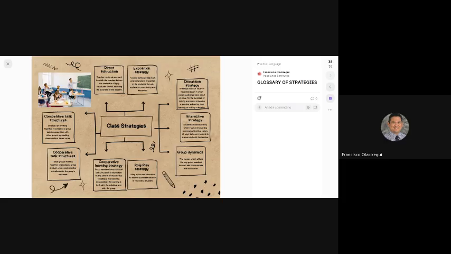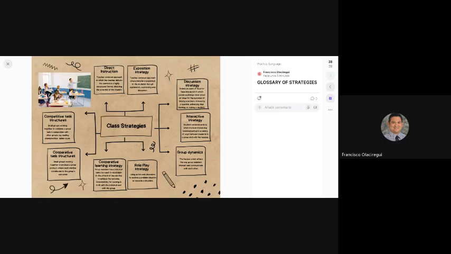Even though we have interaction, mostly it's related to individual tasks. So in the cooperative, we have an intra and inter intelligence. So we have individual work or individual responsibilities, but they all together have the responsibility with the whole group.